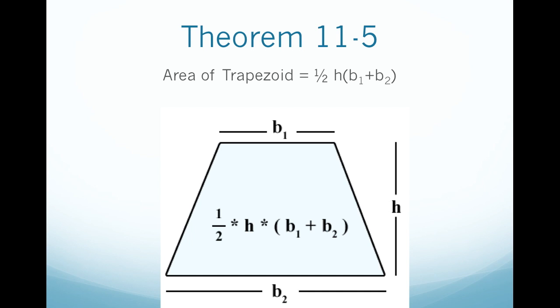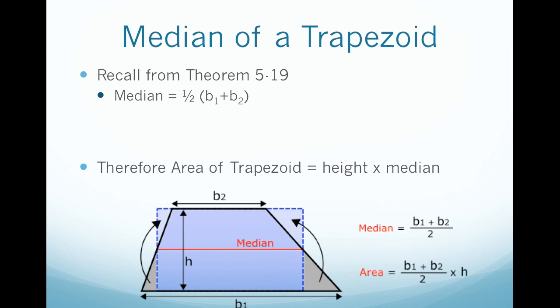If you remember back to earlier in chapter 5, we had a theorem dealing with the median of a trapezoid. Another way you can look at the area of a trapezoid is that the median is 1/2 base 1 plus base 2.